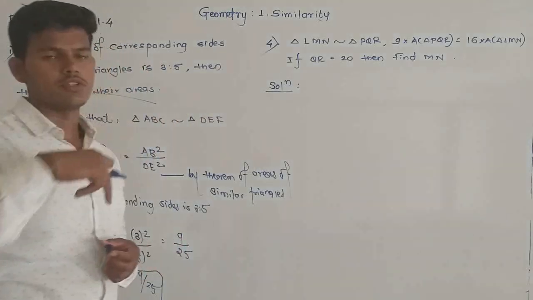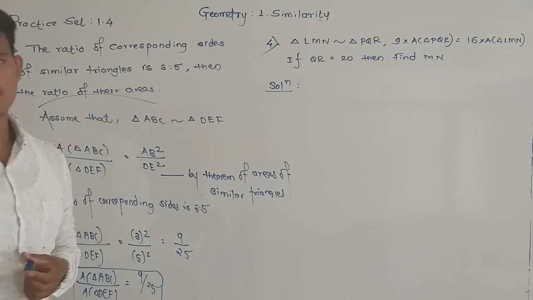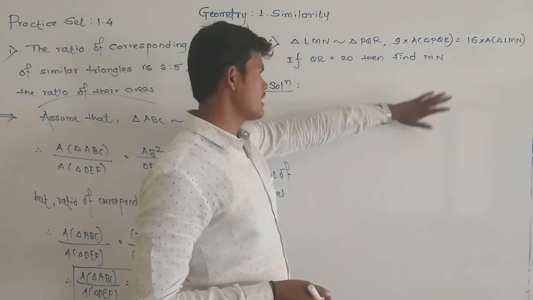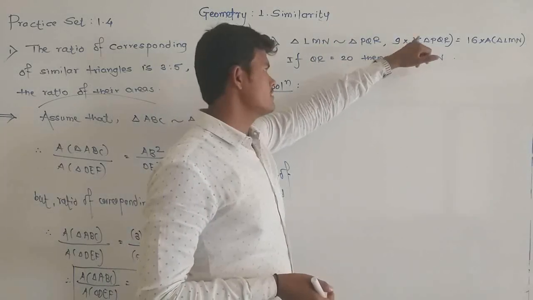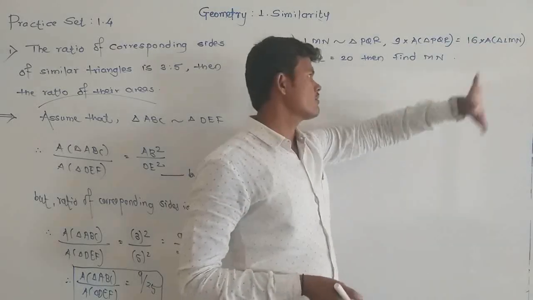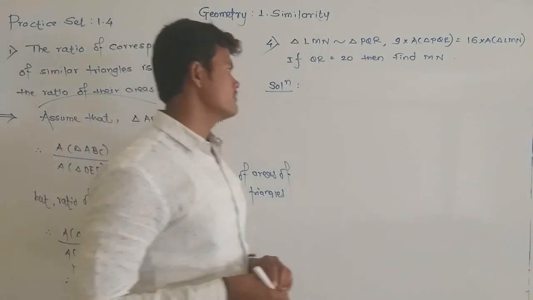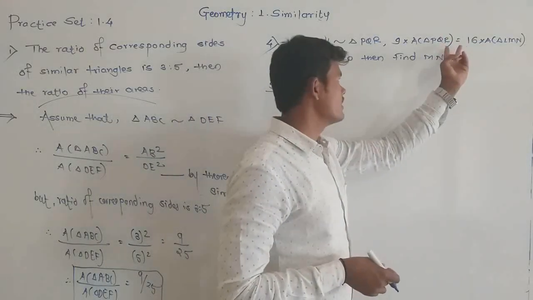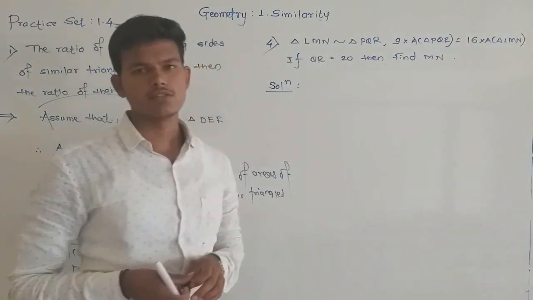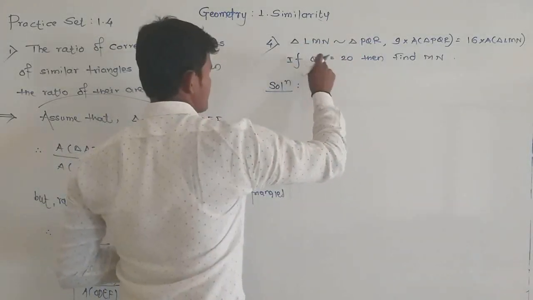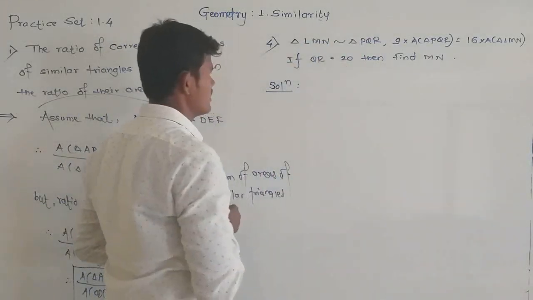So here we are applying the theorem of areas of similar triangles, because the given condition is that two triangles are similar. Also given that 9 times the area of triangle PQR is equal to 16 times the area of triangle LMN. That means from the given statement we get the ratio of areas of the two triangles, and also given that the length of QR is 20, then find the length of MN.